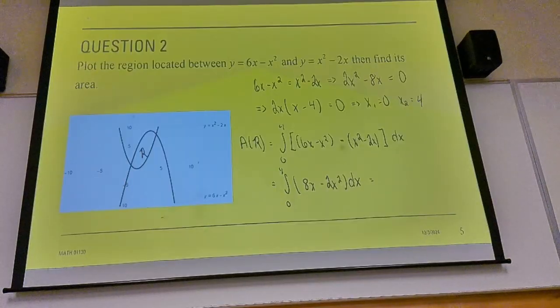4x squared minus, from 0 to 4. 4 squared, 16 times 4. And of course, that's 0. It's 0, so I don't care. 4 cubed times 2.